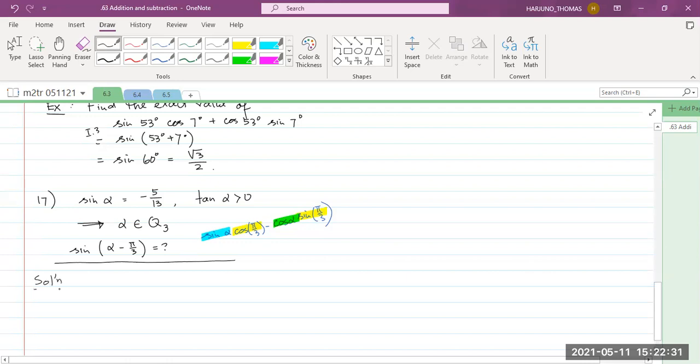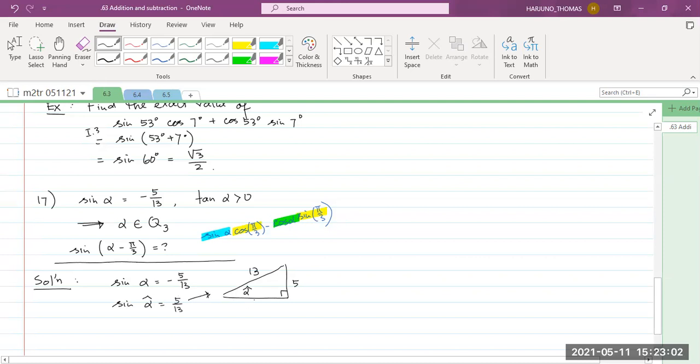Okay, so if sine alpha is negative 5/13, draw the triangle for the reference angle. This is alpha hat, the reference angle. Sine is 5/13, positive, right? Okay, let me write it down. Sine alpha hat is 5/13. Then you come up with that right triangle.